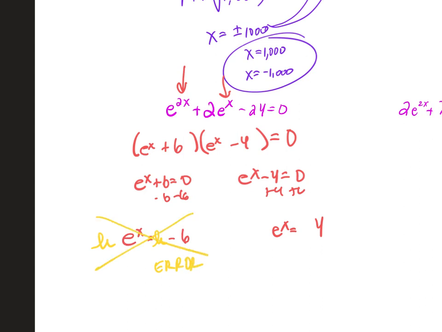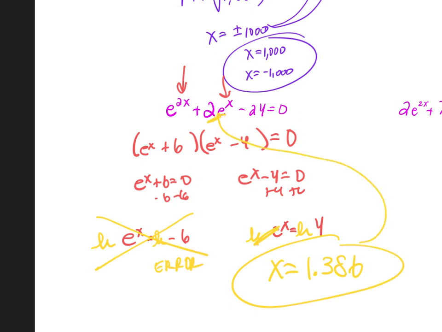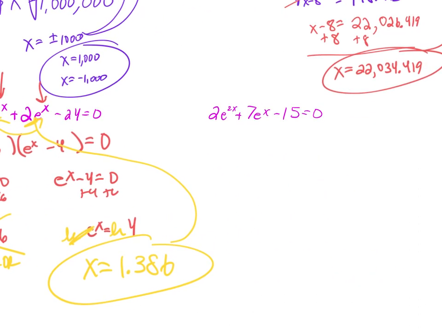So this is an extraneous solution. It does not count. If I take the natural log here, the natural log here, I get x equals, and in my calculator, I'm going to say natural log of 4, and it's 1.386. Take that, plug it in, and make sure it works.